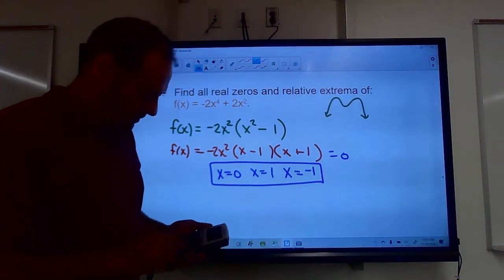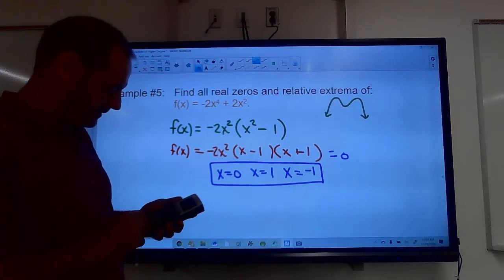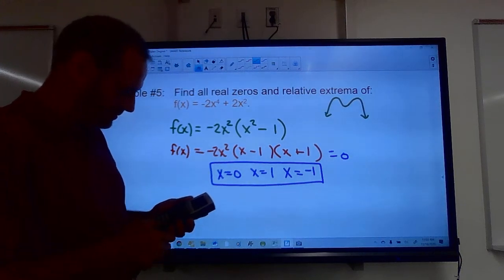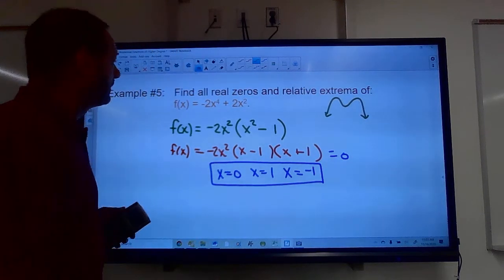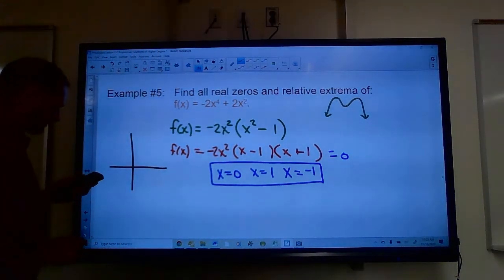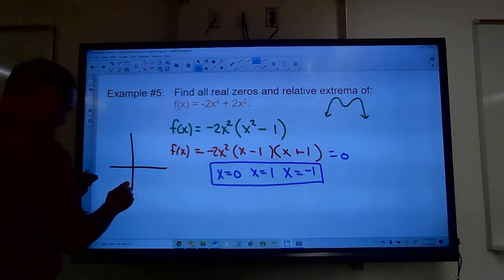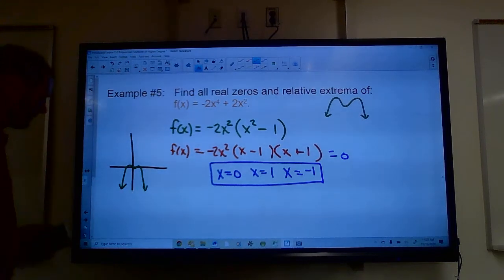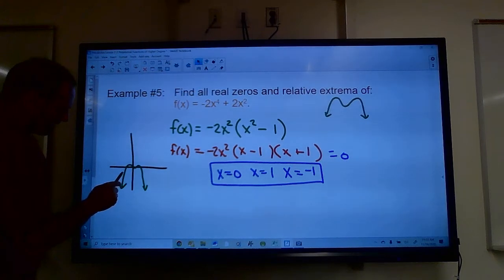I'd put in the equation negative 2x to the 4th plus 2x squared and graph that thing. It looks kind of like this. It's pretty much symmetric right here.